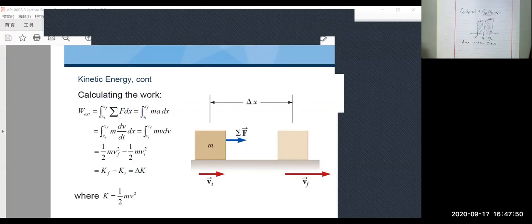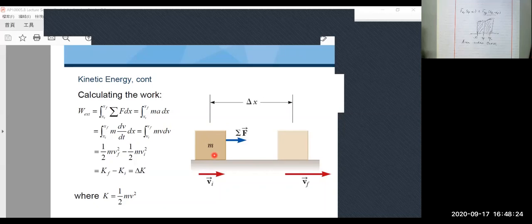According to what we have seen, the work done by the external force is equal to the integration of the net force times dx. This net force is, according to Newton's second law, equal to m times a for this particle.